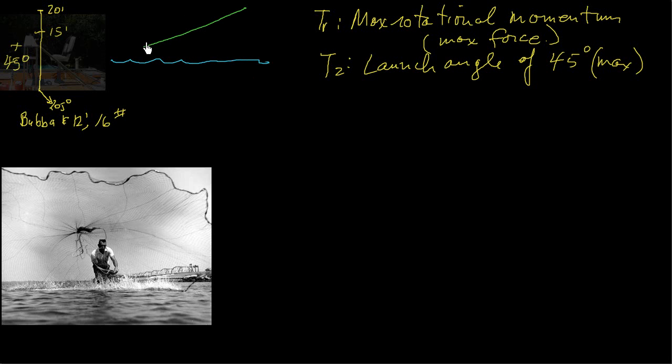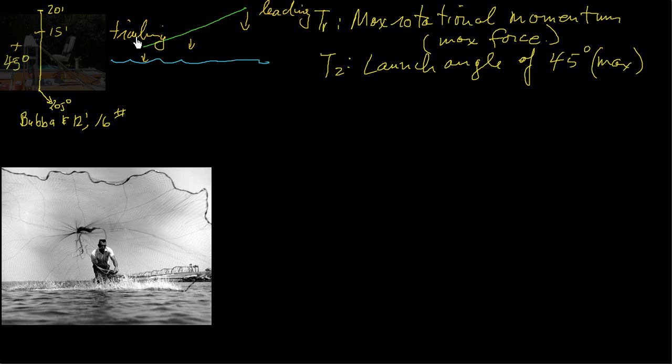As soon as the net is released, gravity starts to pull down on it and every part of this net. If you're throwing with some launch angle, the trailing edge will be closer to the water. Right here. It's called a trailing edge. And this is the leading edge.